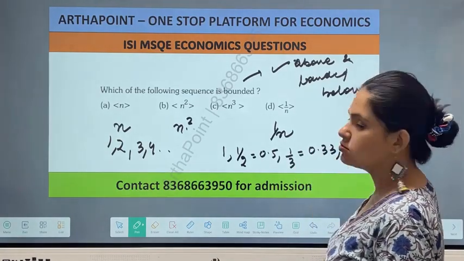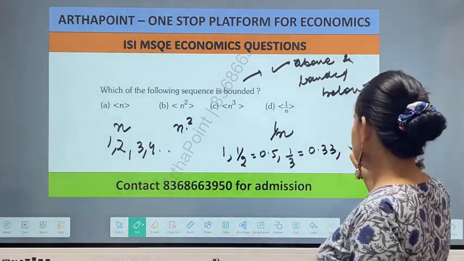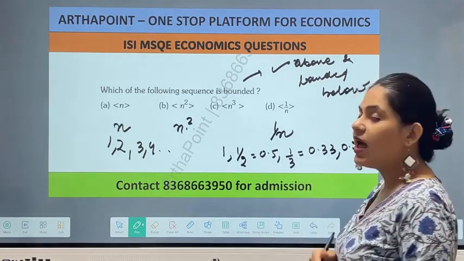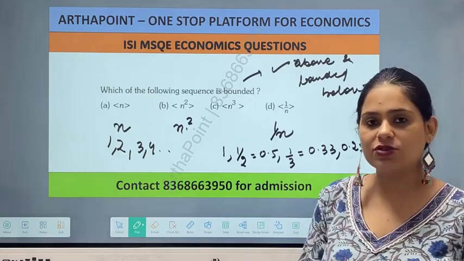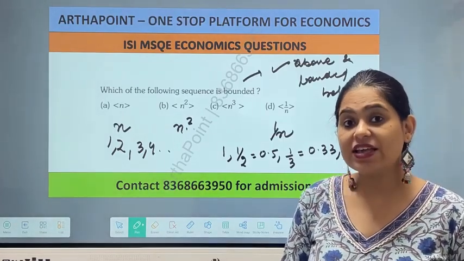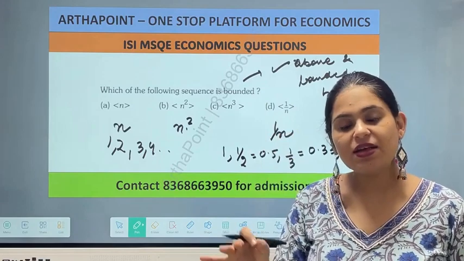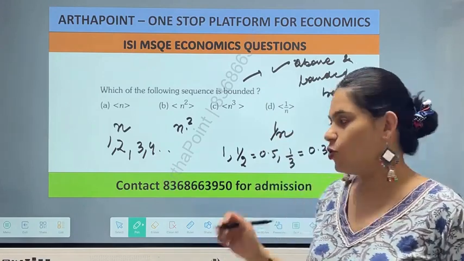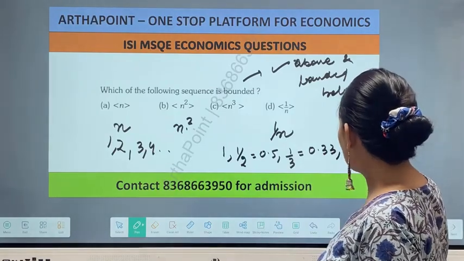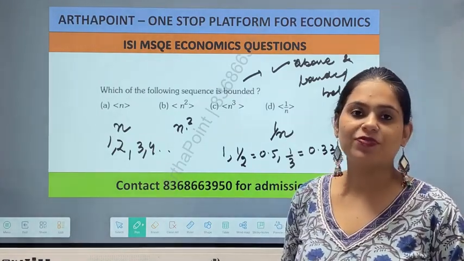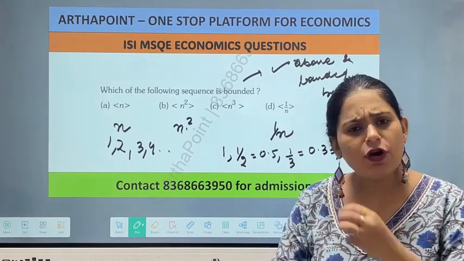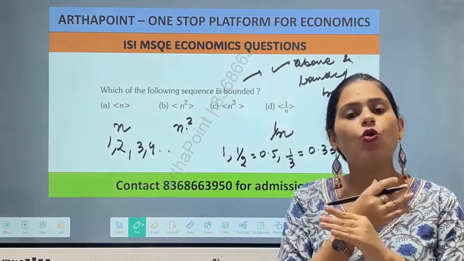But when you put n as infinity, anything by infinity is 0. So it is going towards 0. It means that whatever value of n you put, everything will be between 1 and 0. You have the bounds defined.